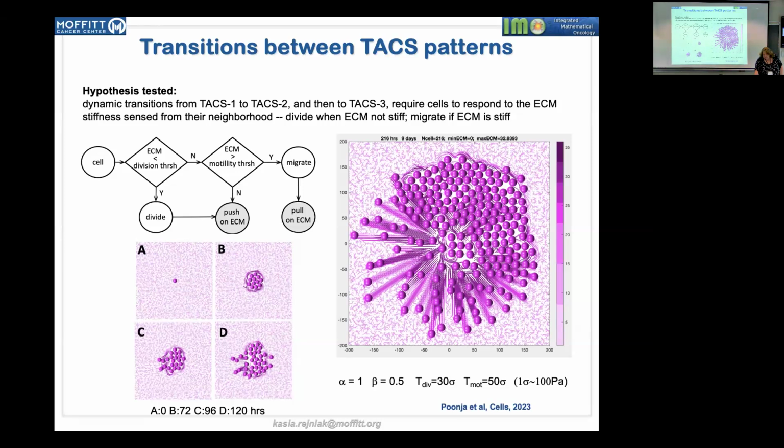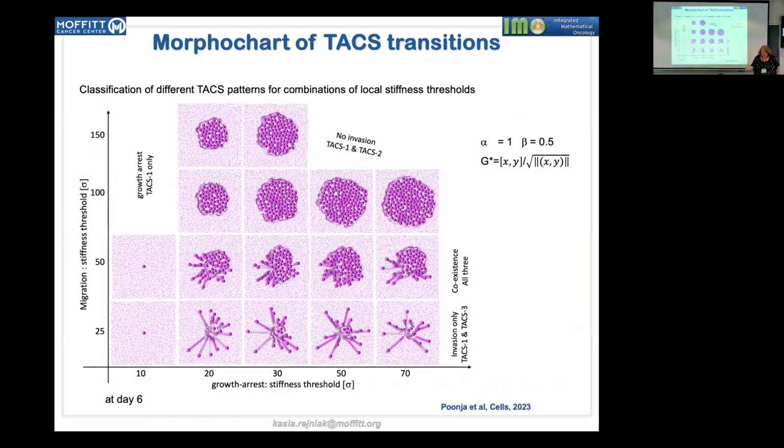Since we have a model, we can run different parameters. This is something that I called, from my previous research, the morpho chart. We change the parameters, look at the morphology of the result, and then we can classify. If the growth arrest stiffness is very small, nothing is growing.